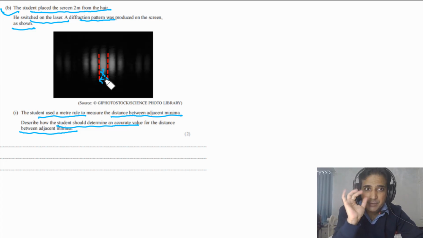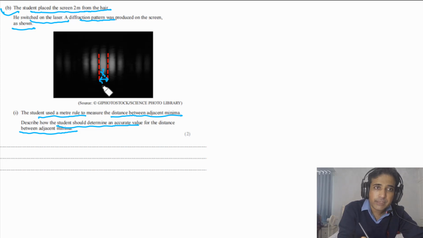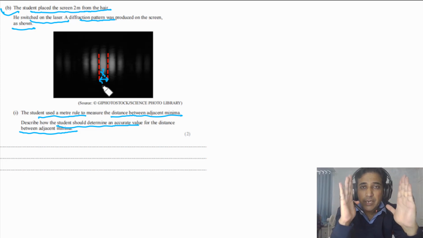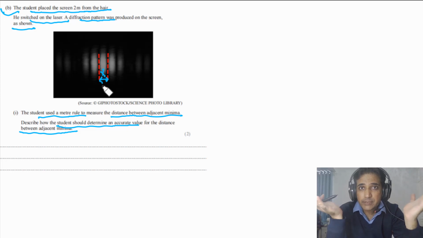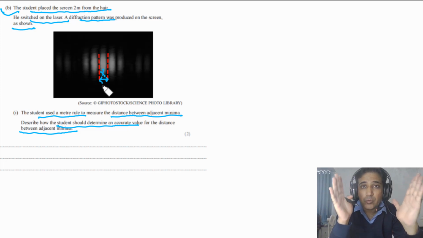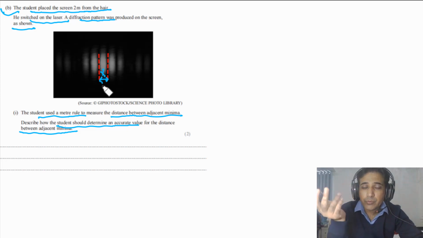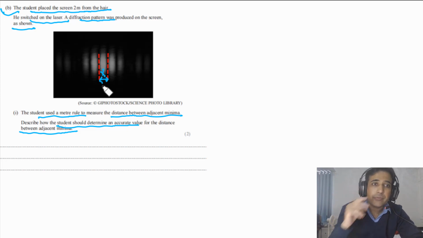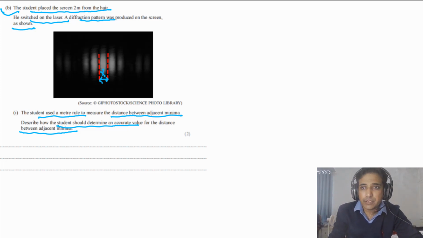This is one way to do it. The second way is we can find the value of x for 10 adjacent minima and divide by 10. That value will be more accurate. So you can write any one of them. I'll be writing the first one in this case.